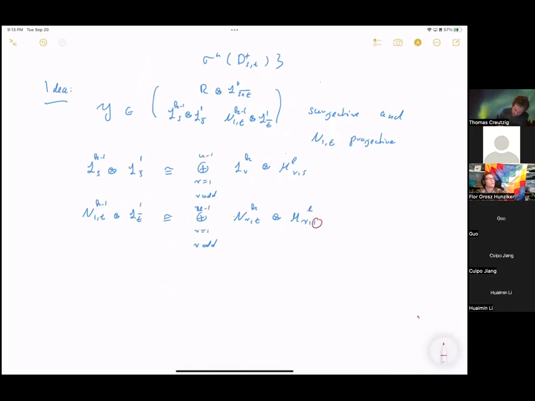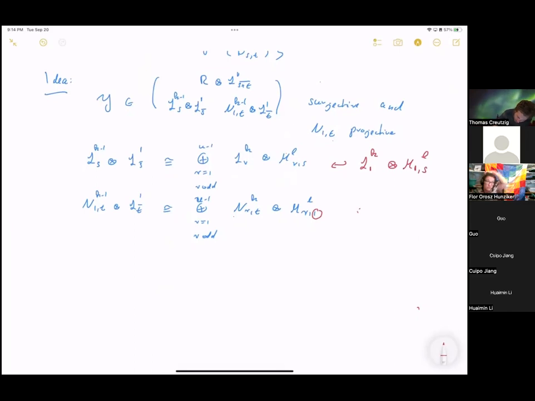Why is this key? Because let's look at submodules that are interesting here. Here on the left-hand side we have the tensor identity as a summand, and then the right summand is an m1, s l. And here we have as a summand the module nr, 1 times the Virasoro algebra.